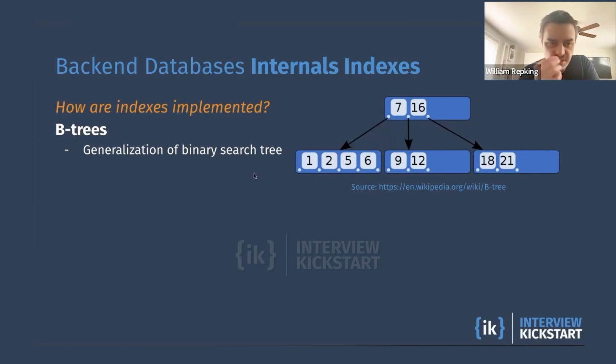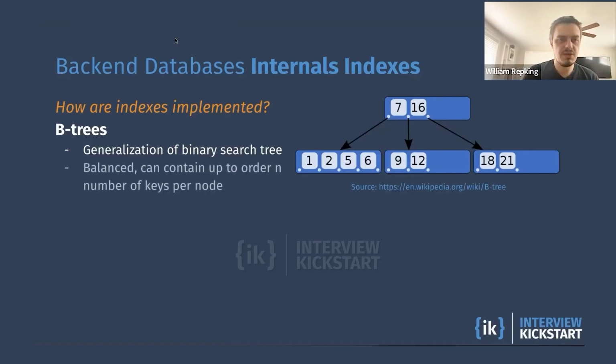The answer is log n, or the depth of the tree, which is the same as log n. So now we've already got a point: this is improving the problem of insert. It's still not the same as inserting into the table, because if you insert into the table, that's just big O of 1, because you just put it at the end.